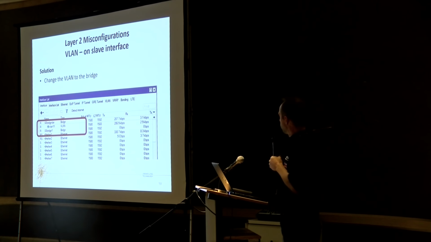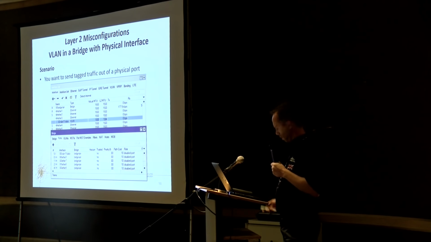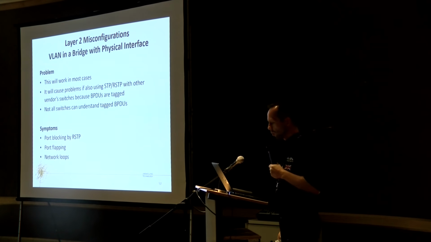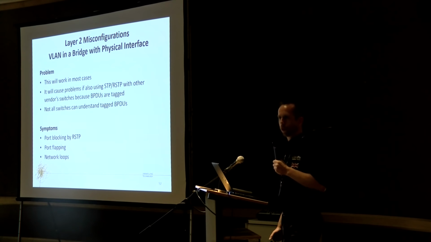What you have done, hang on, I'm going backwards, sorry. What you have done is you are sending out of Ether 3 in this scenario, tagged BPDU packets for spanning tree. Most of the vendors, and a lot of the time even MikroTik, do not understand BPDU packets with a VLAN tag at the beginning. The symptoms you will see is sometimes ports blocking, ports flapping, you will get network loops when you don't want them.